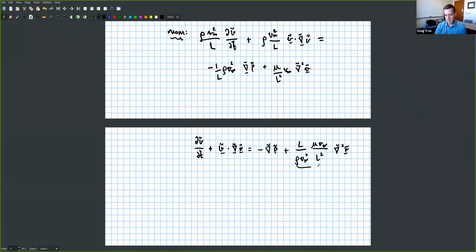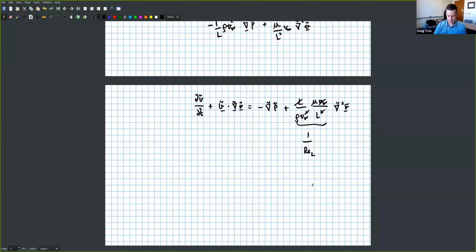Okay, and we look at this and we get an L that cancels there and a V infinity that cancels there. And I have rho V infinity L over mu. So that's 1 over the Reynolds number, right? Rho V D over mu, rho V L over mu. So that's the Reynolds number with L.